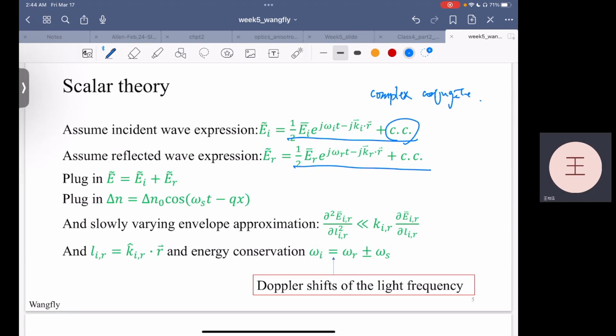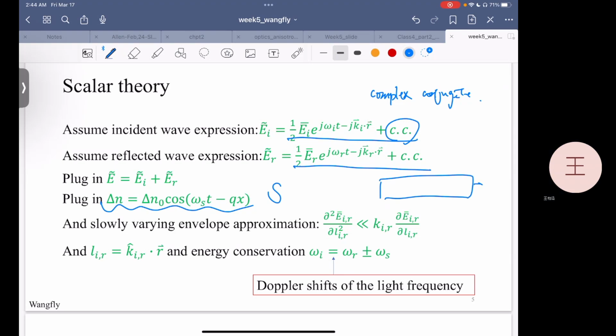Now we plug in all we have. We know the electric field consists of the incident and reflected waves, and we also plug in delta L, which we obtained in the last lecture about the acoustic wave equation, taking the strain S into consideration.